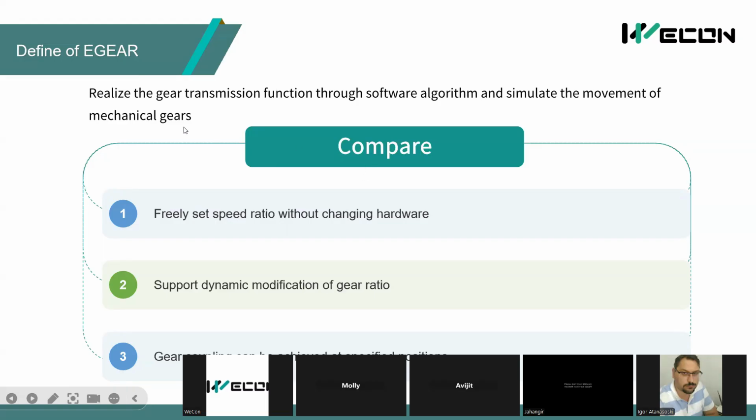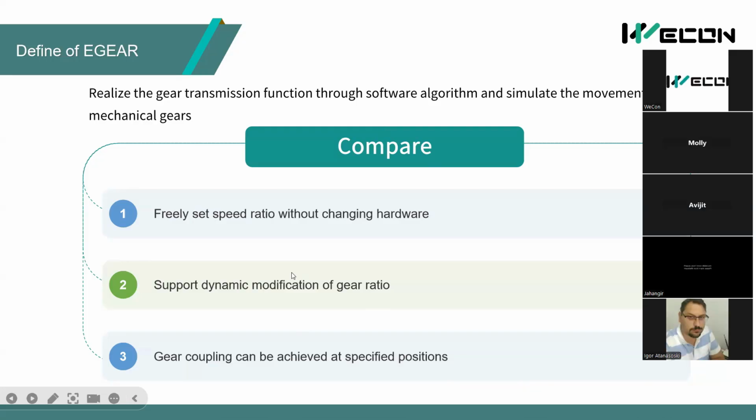Compared with mechanical gears, there are some advantages. First, we can freely set the speed ratio between the master and the slave without changing the hardware. And also the gear ratio supports dynamic modification.